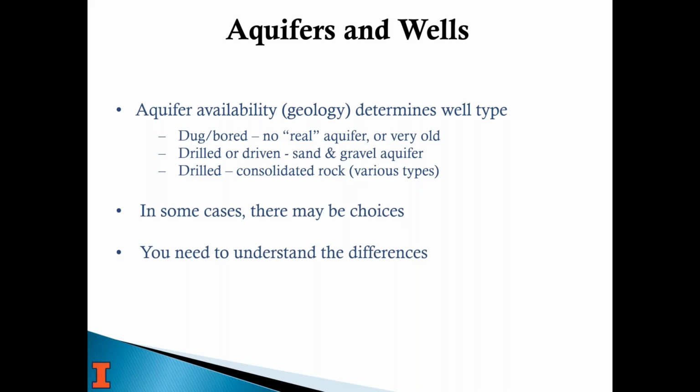If you do have an aquifer, it can be either sand and gravel, or it can be consolidated bedrock or rock, which we just talked about a little bit. In some cases, like where we're at here in central Illinois, we have a lot of topsoil, a lot of loess because of windblown soil from many years of being a prairie. We also then have 2 or 3 glaciations that have come through Illinois.